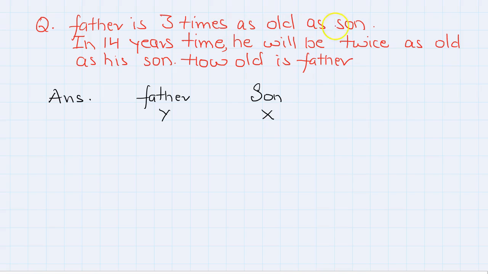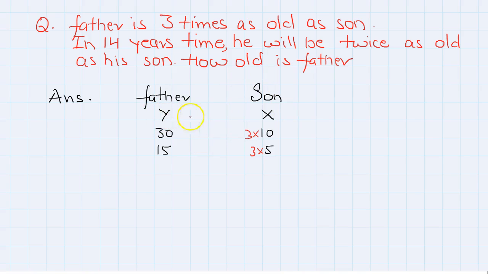Now the father is 3 times as old as his son. For example, let's say the son is 10 years, the father will be 30. If the son is 5, the father will be 15. It means we are multiplying by 3 here.